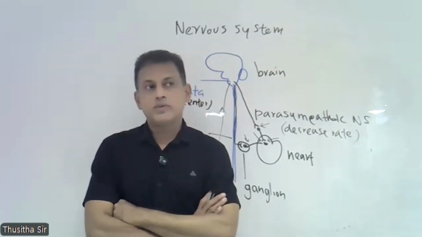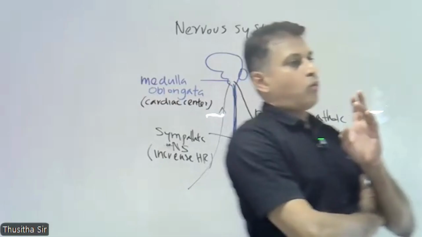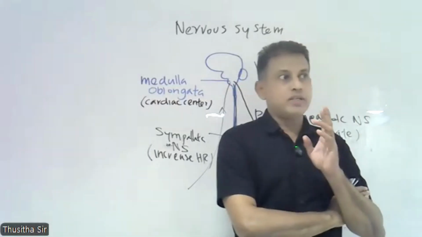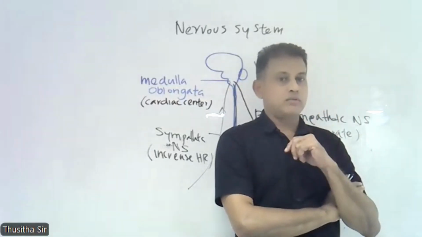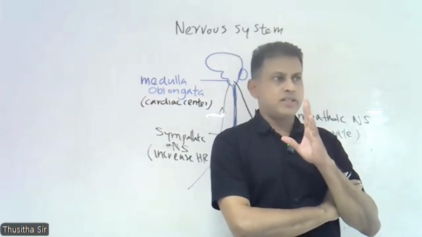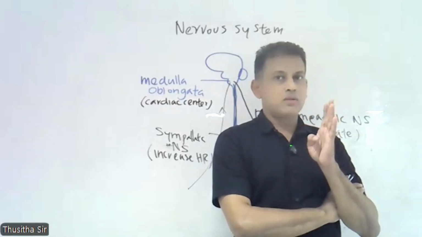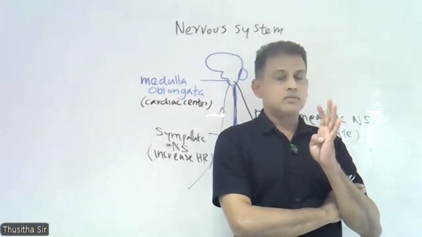Now this is not only during exercise, but any situation where the carbon dioxide level goes up in the body. So what would be other situations where carbon dioxide increases in the body without exercise? The person is weak.